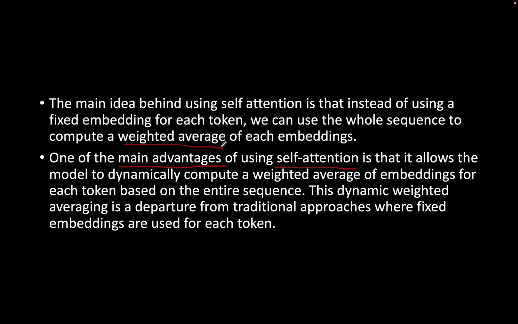This dynamic weighted average for each token, based on the entire sequence, is a departure from the traditional approach where fixed embeddings are used for the token. Like I said, the initially generated token embeddings are not used.